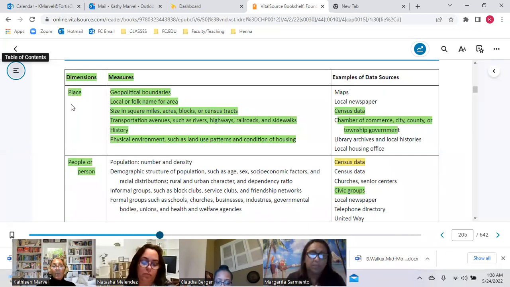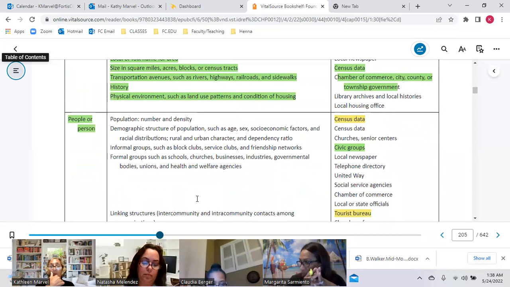When we look at community as a people, we're looking at the population. What's the number? How many people? What's the density? What are the demographics of the population? Is it a young community or an older community? Does the community have socioeconomic factors? What's the racial distribution? Is it urban or rural?